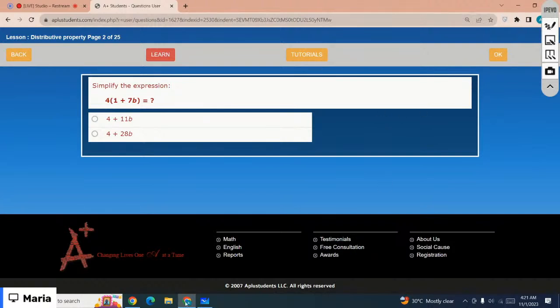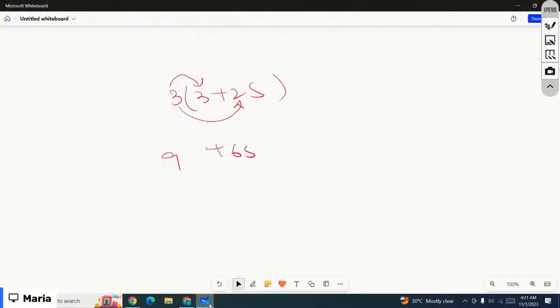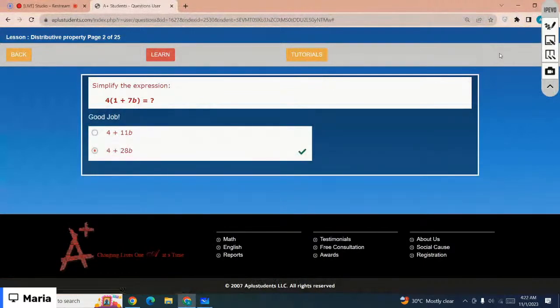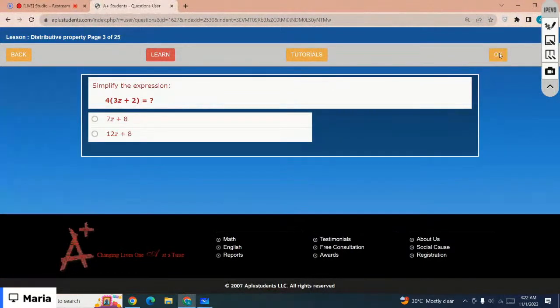So you need to do 4 times 1, that is 4, then 4 times 7b, that is 28b. So the correct option is 4 plus 28b. Option number B is the correct option.